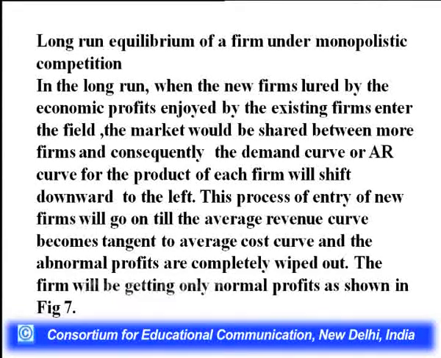And in the long run there can never be losses because there is no fixed cost. We have seen that the loss can be only of the fixed cost, but there is no fixed cost, so there cannot be loss to any firm in the long run under a monopolistic competitive market.